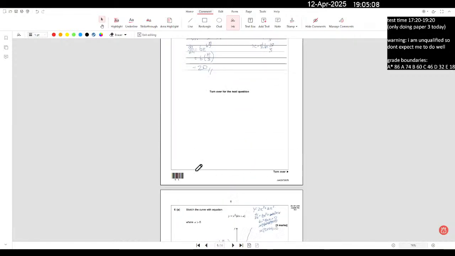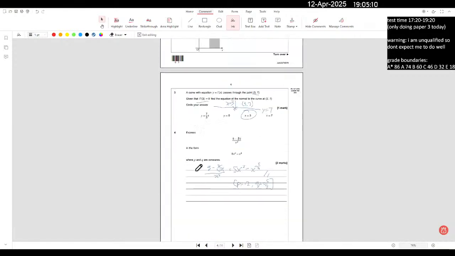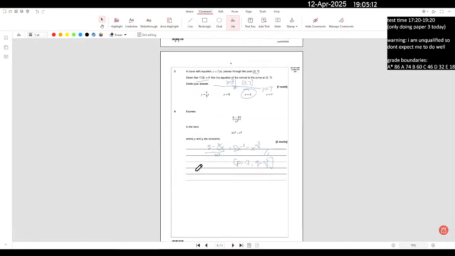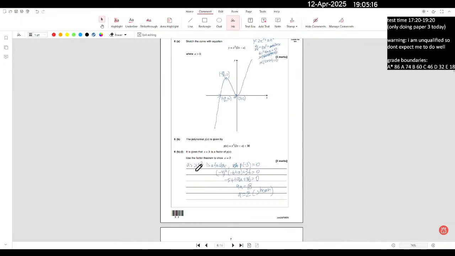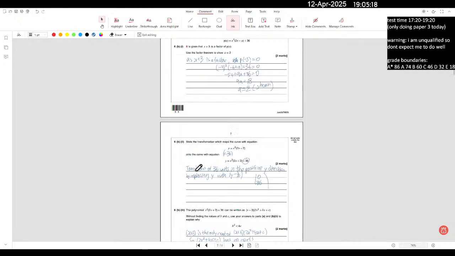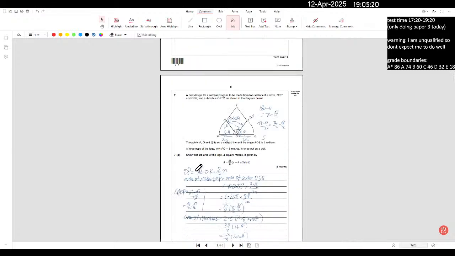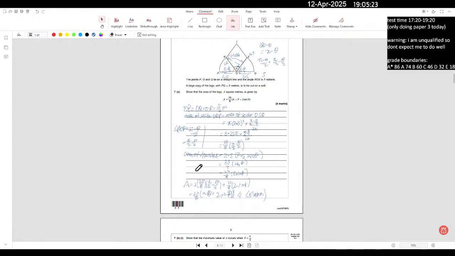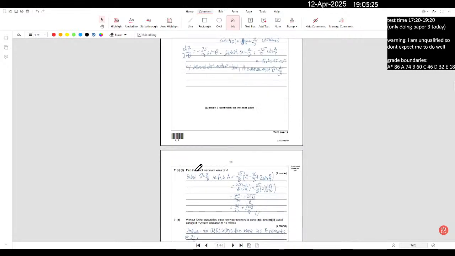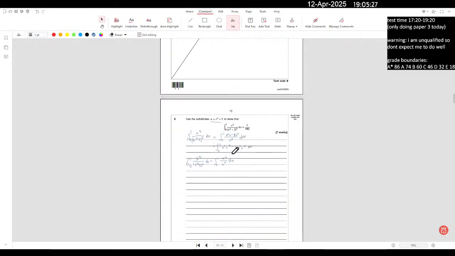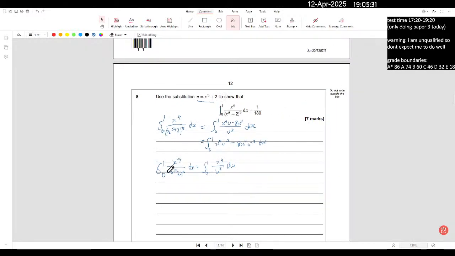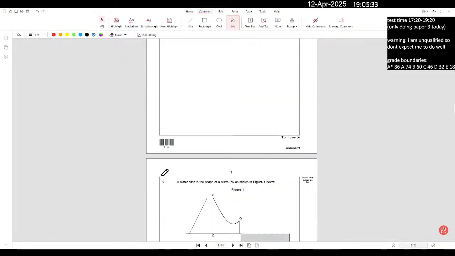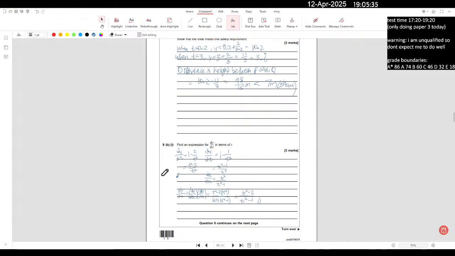But I think I could get like a 60% for this paper at least. Oh my god, the stats are going to be horrible. I don't know how to do the stats. I don't know how to integrate this either. Anything that I haven't done yet is mostly because I just don't know how to do it.